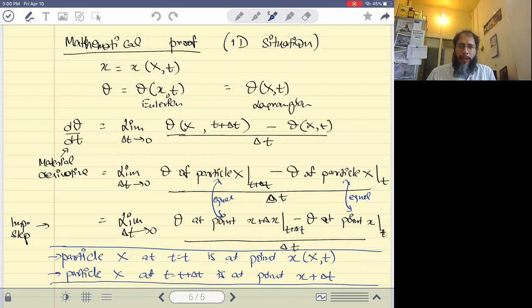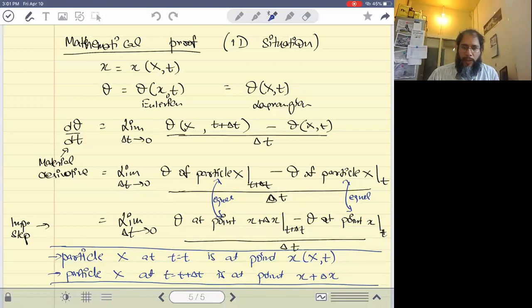Okay. So at time t equal to t, the particle capital X was at point small x, and at a later time it's the same particle capital X, but that particle has moved to the right, to a point small x plus delta x.